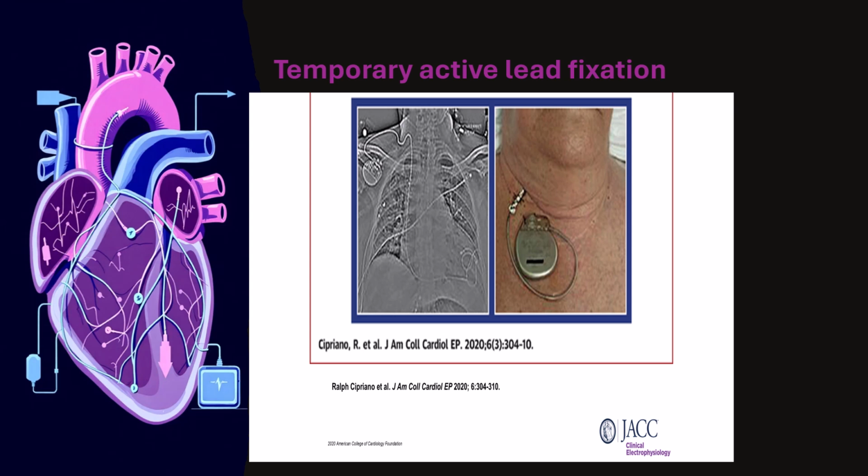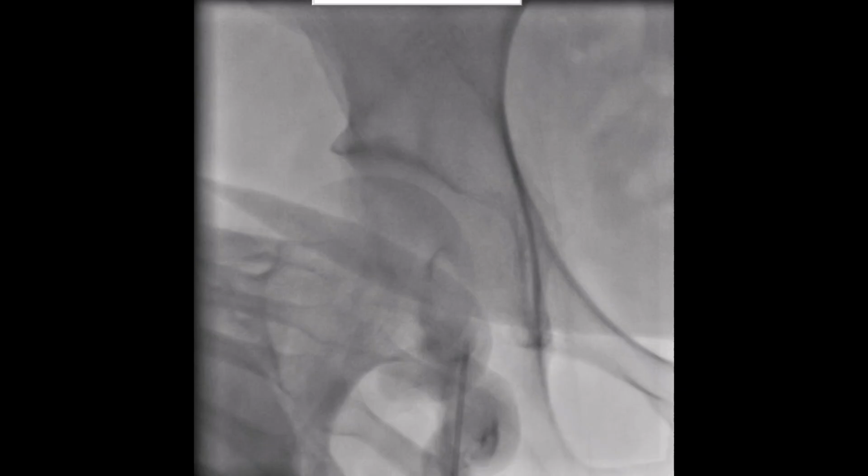After the infection and the condition of the patient have resolved, we can reinsert a permanent pacemaker again from the subclavian side. Here is a video for insertion of a transvenous temporary pacemaker under fluoroscopy.